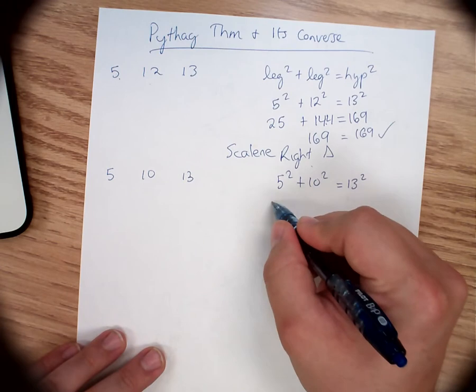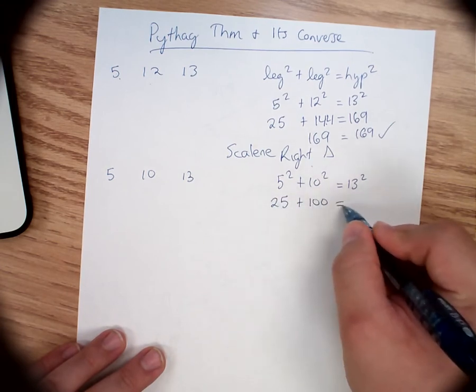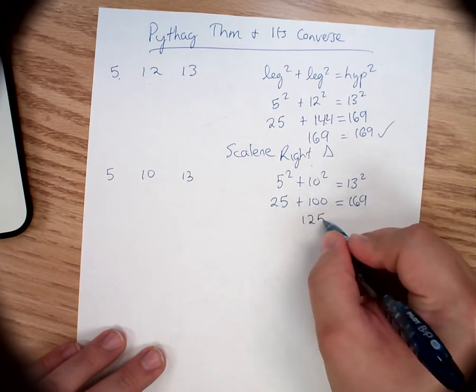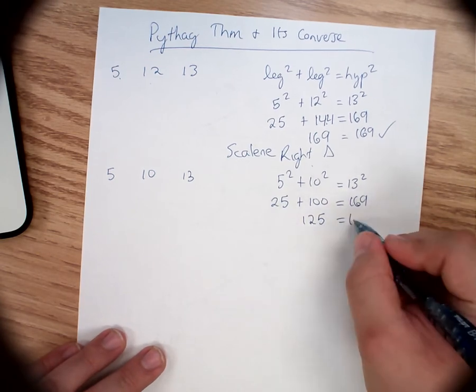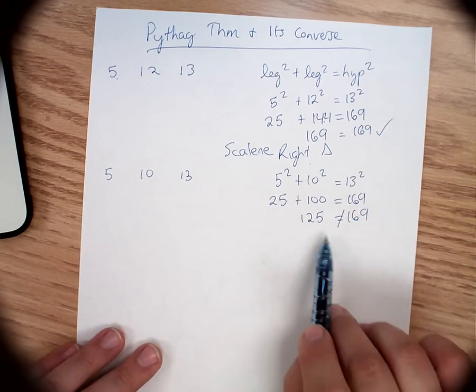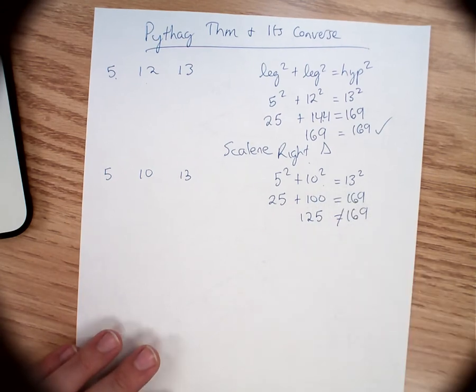But in this case, 5 squared is 25, 10 squared is 100, 13 squared is still 169. 125 is demonstrably less than 169. It does not equal it. Well, if your 2 legs are smaller than the hypotenuse, you have a different type of triangle.